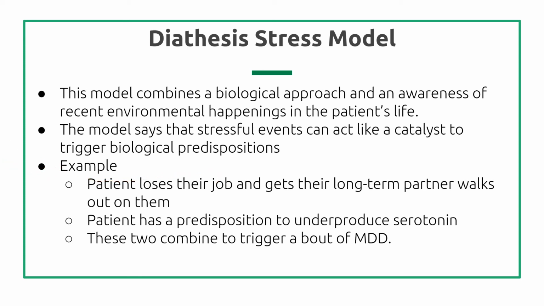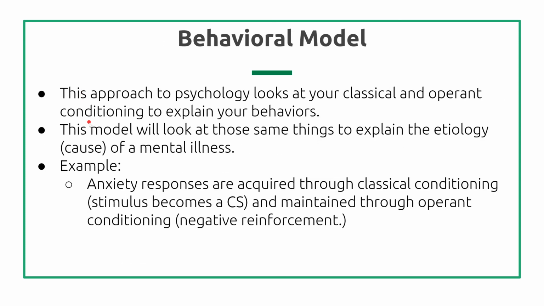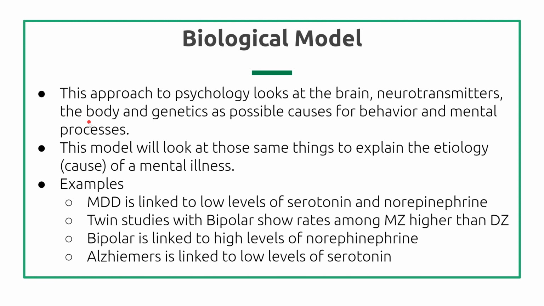Okay, guys, this is a look at these different diathesis stress, psychoanalytic, behavioral, cognitive, and biological models. What we're going to do with the case studies is, once you have diagnosed the case study with a different mental illness, once it's hit that diagnostic criteria, I'm going to ask you to go into either your text or your notes to note one of these models as a cause, and then to label that cause with the correct label.